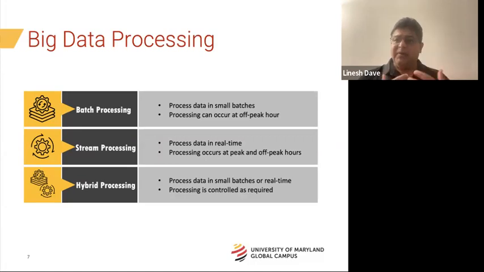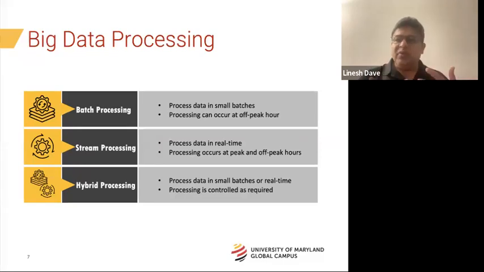But for hybrid processing, right, we just cannot go on building tools and having technologies to support each of these processing, especially if the hybrid processing is going to be about using the two other processes that are already in play.